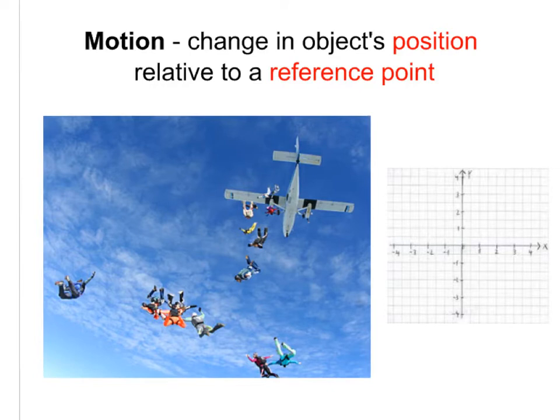And it's important to remember that when we talk about motion, we're going to need a reference point in order to talk about that. We'll talk about that more later on, but the reference point, if we use the airplane as a reference point for these skydivers, their motion will be described very differently than if we use, say, the ground as a reference point.